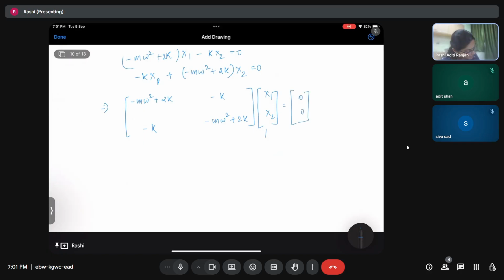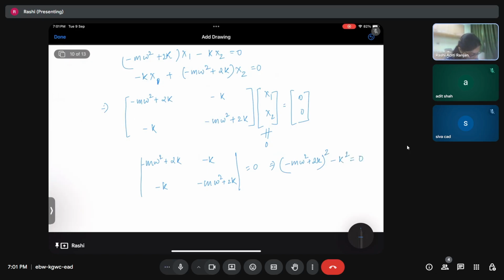This cannot be equal to 0, so definitely the determinant will be equal to 0. This implies (minus m omega square plus 2k) whole square minus k square is equal to 0.